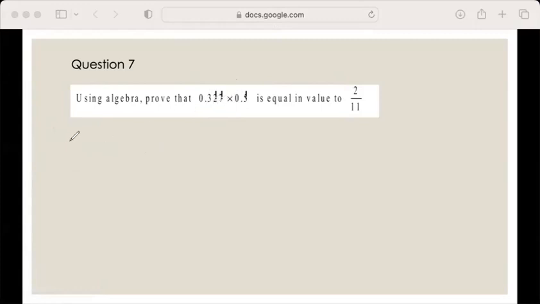Okay. Now here 0.327. Here 27 is recurring. So that means we need to multiply it by 100. 100x. This is for the first part, right? So when it goes 100x, when we times, the decimal place goes 2 levels.